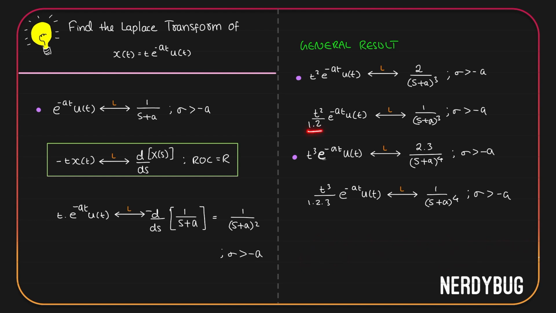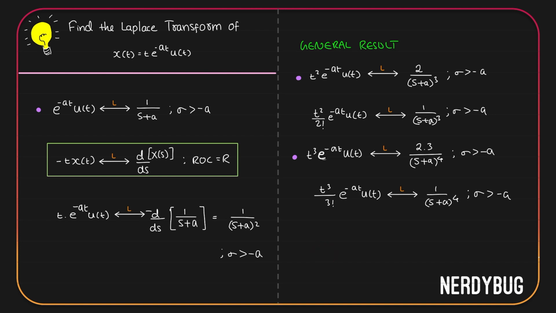We know 1 into 2 is 2 factorial. 1 into 2 into 3 is 3 factorial. In the next step, if we get 1 into 2 into 3 into 4, it is 4 factorial. So let's change 1 into 2 into 2 factorial and 1 into 2 into 3 into 3 factorial. In the next step, it would have been 4 factorial.